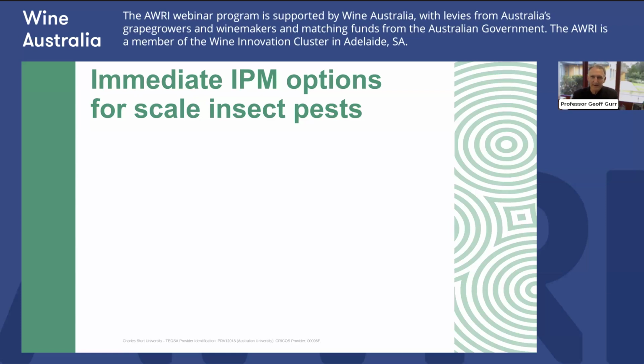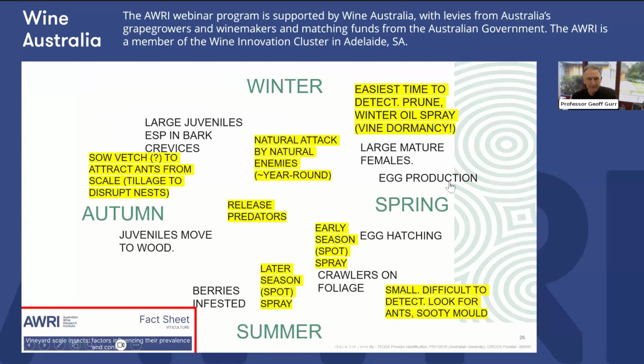What about the immediate IPM adoptions for scale insect pests? So with this graphic here, I'm putting back up that simplified life cycle diagram that I showed you at the top of the show, but superimposed onto that in yellow highlighting is a few annotations there about the management of grapevine scale insects.